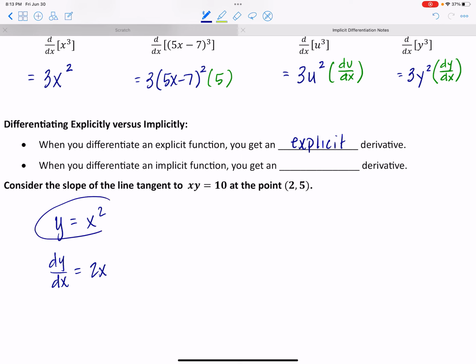So y is defined in terms of x squared, and dy dx is defined in terms of 2x. So if you differentiate an explicit function, you're going to get an explicit derivative. So just a y here, just a dy dx here, just x over here, just x over here in the derivative. Okay? If you are going to differentiate an implicit function, you are going to get an implicit derivative. So if you're differentiating something that has x's and y's together, your derivative will have x's and y's in it.